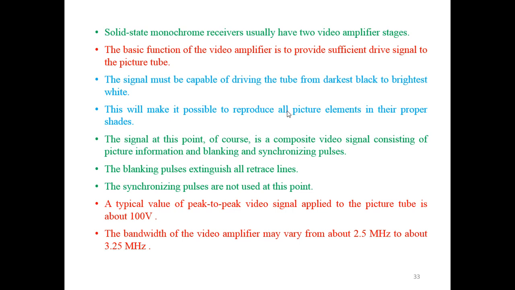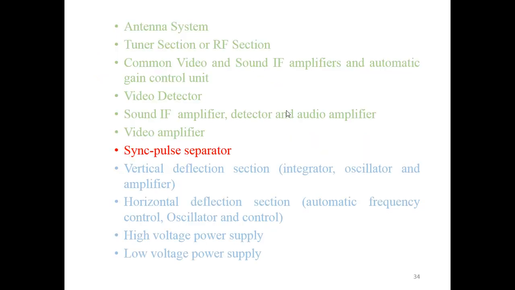These blanking pulses extinguish all retrace lines. The synchronizing pulses are not used at this point. The typical value of peak to peak video signal applied to the picture tube is approximately 100 volts, and the bandwidth of the amplifier may vary from 2.5 megahertz to about 3.25 megahertz.